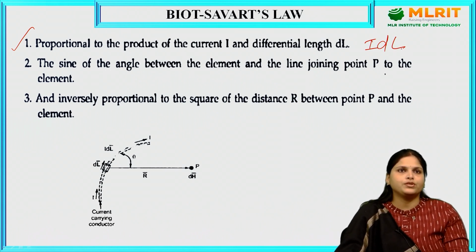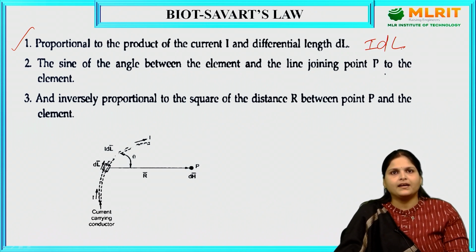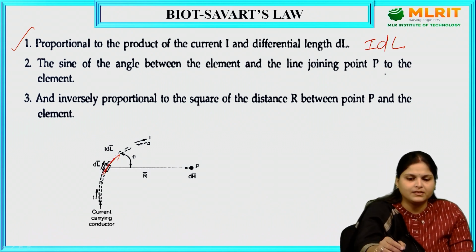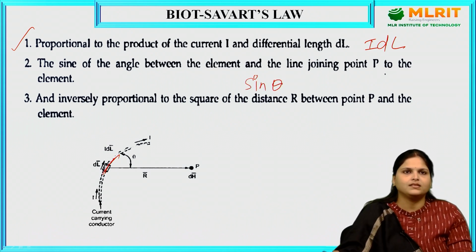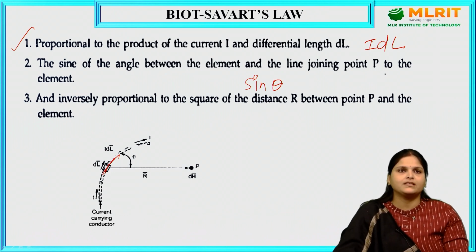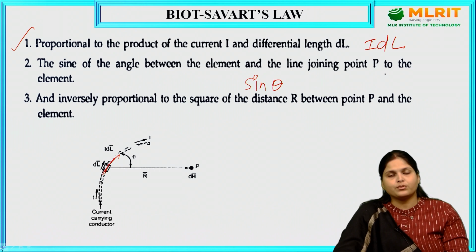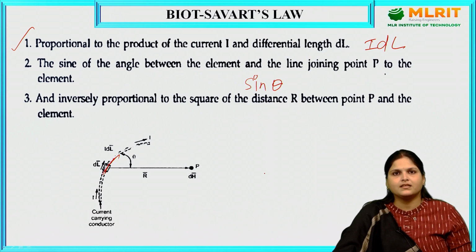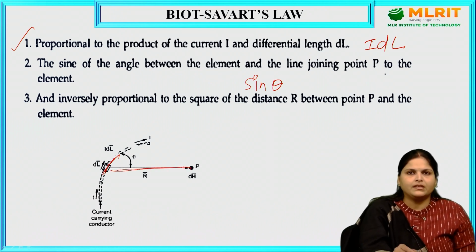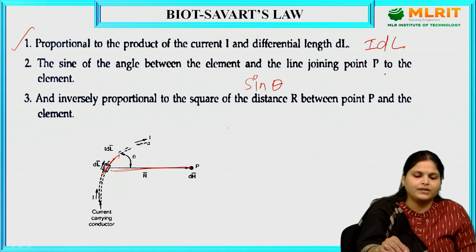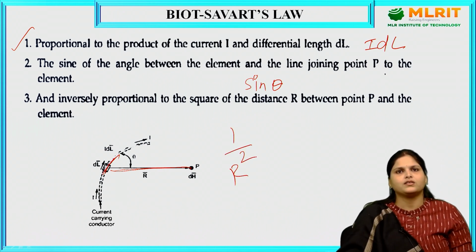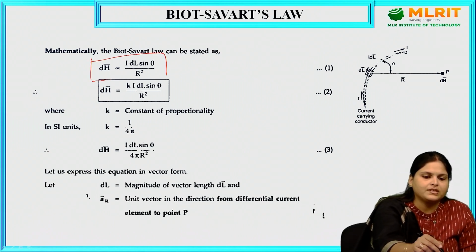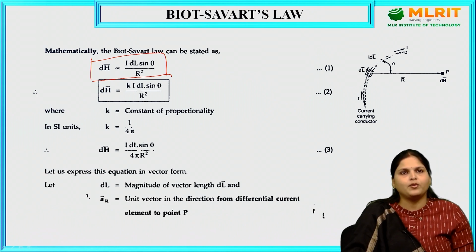Also, it is proportional to the sine of the angle between the element and the line joining point P to the element, that means sine theta. And third, it is inversely proportional to the square of the distance r between point P and the element, so we can write 1 upon r square. When we combine these three points, we get dH is directly proportional to I dl sine theta upon r square.